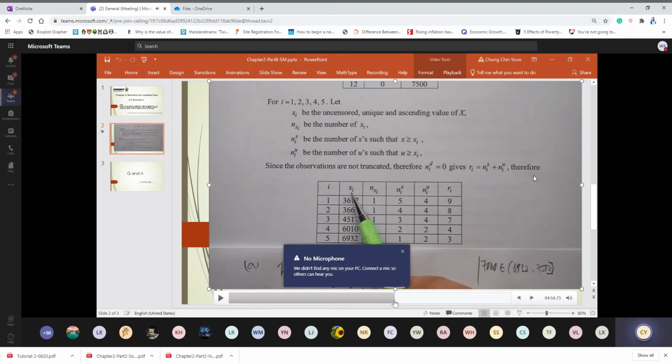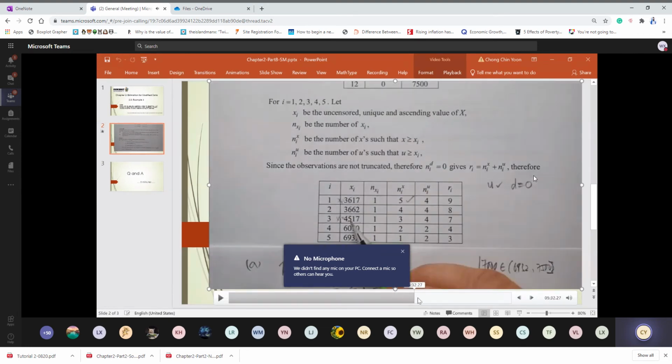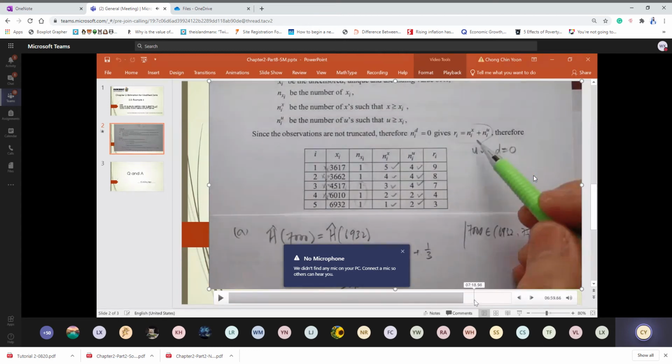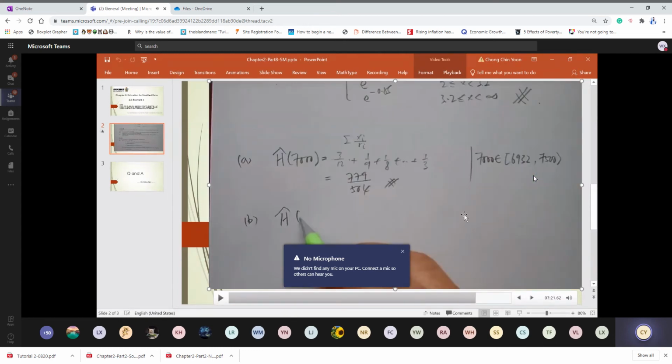Okay, and also yesterday we had a similar question, that you must know how to look at the question, class. So this question, you have to know that like 7,000 in this range, that means you have to consider the lower bound of this range, 6932.